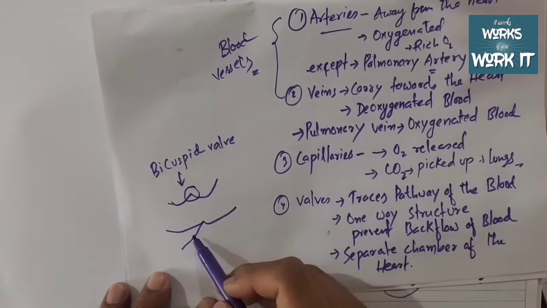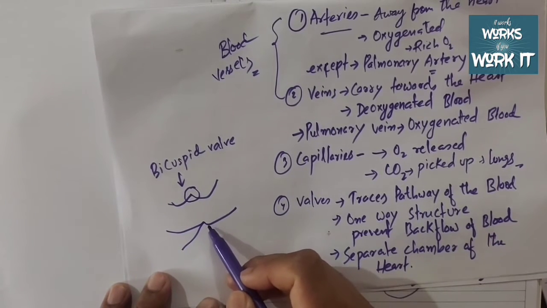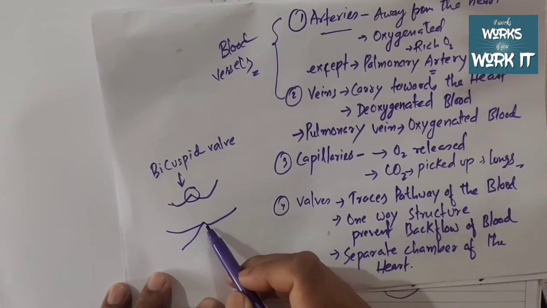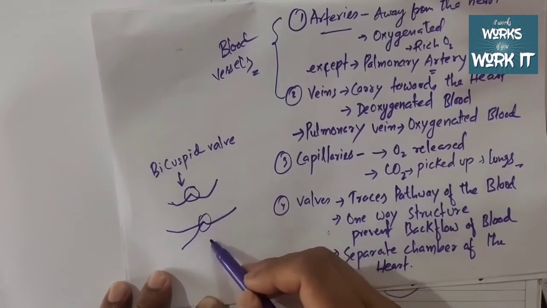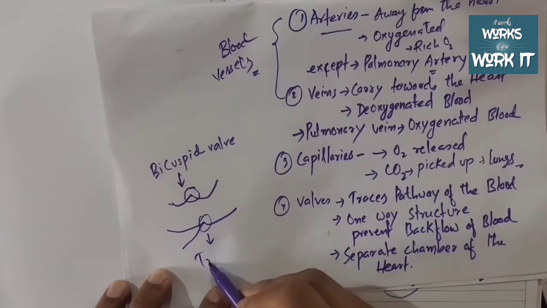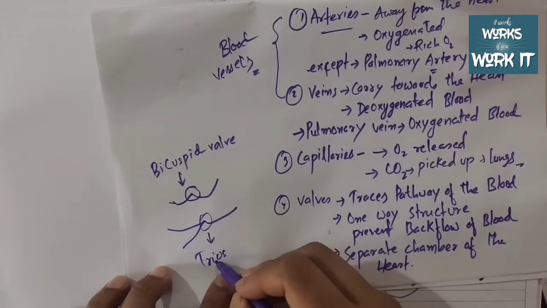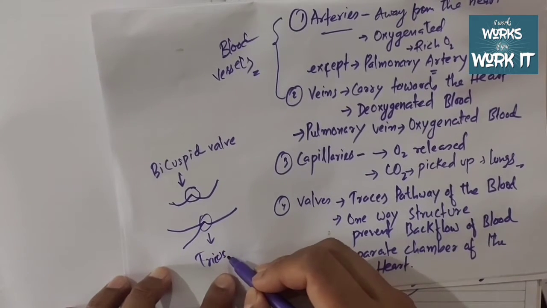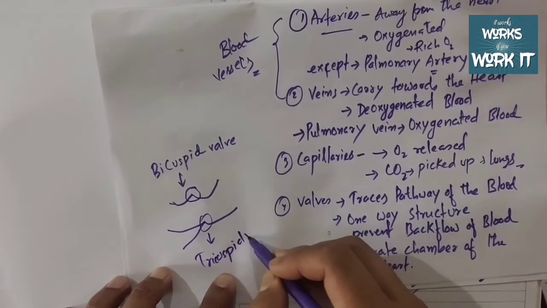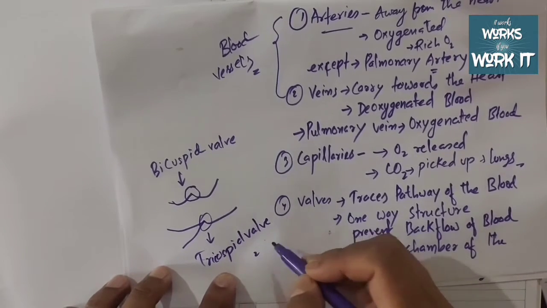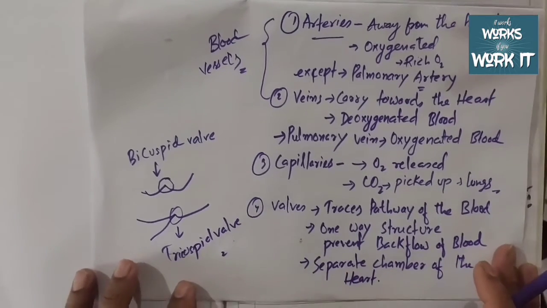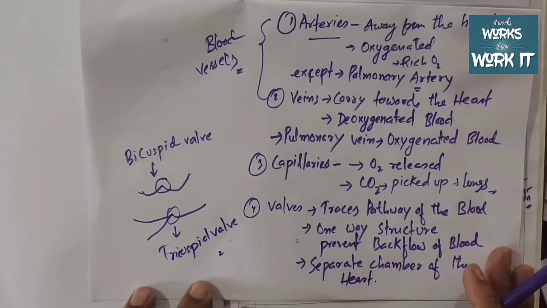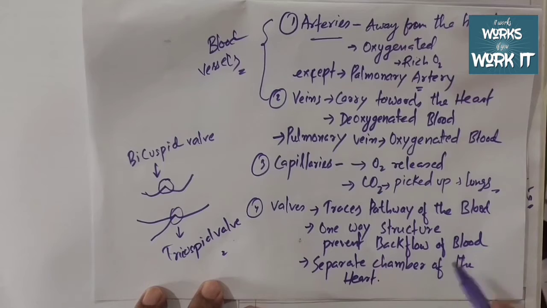So again, if you see here, the single projection has been formed by 3 walls or 3 layers, 1, 2, 3. So these are called the tricuspid valve. We will know about where they are present inside the heart during the blood pathway. Okay.